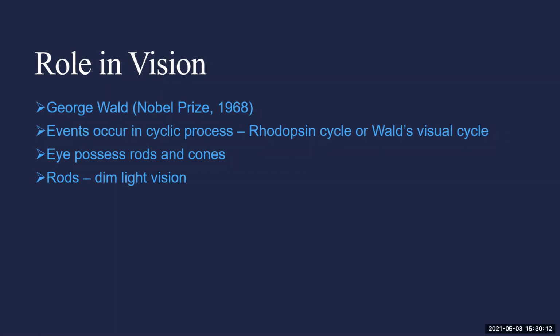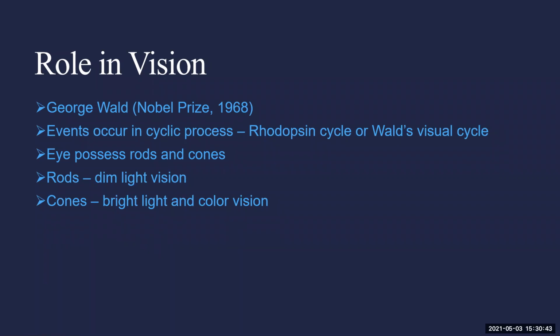If you want to see more at night, rods play a very important role because they get stimulated when dim light falls on them. At the same time, cones get excited or stimulated when bright light or color light falls on them. So rods are responsible for vision in dim light, and cones are responsible for vision in bright and color light.